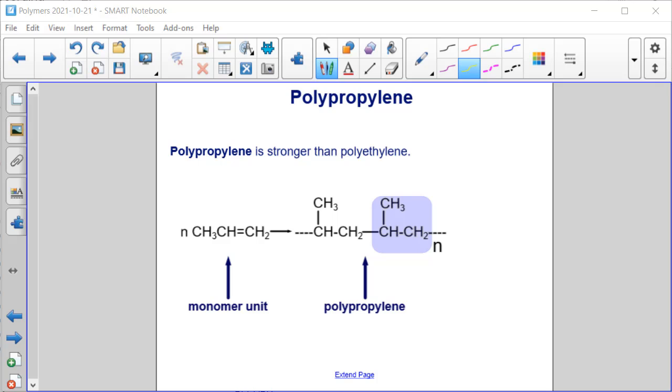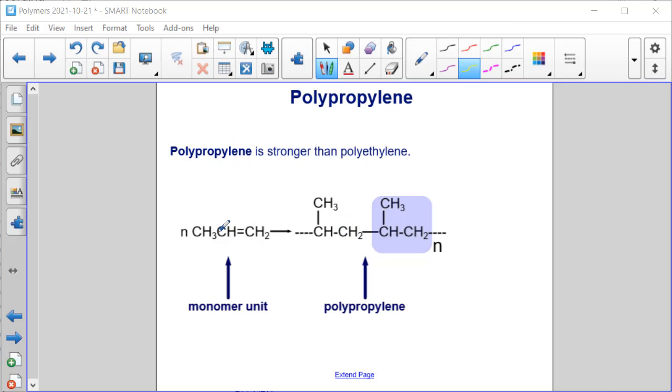Polypropylene is also a polymer, but it is stronger than polyethylene. Here's what the monomer unit looks like. It has 3 carbons, and there's a double bond carbon-carbon on one end. Remember, we just have n numbers, a large number of these units. Through some catalyzing event, we can break that double bond, and we have multiple monomers connected.